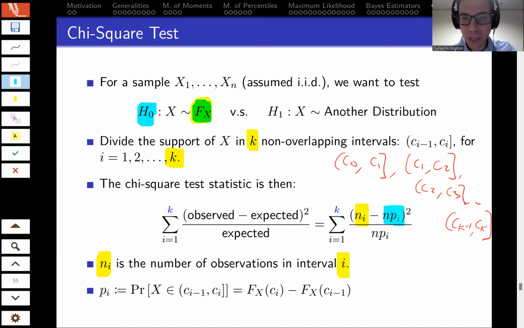It's simply n, the sample size, times what we call pi here, and pi is the probability to be in that interval given the null hypothesis is true. Maybe I should have written here that the probability that x is in the interval is under H0. Because if the probability to be in that interval is pi, and you have n observations, the expected number of observations in that interval will be n times pi.